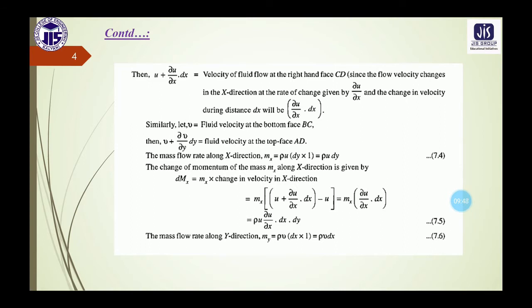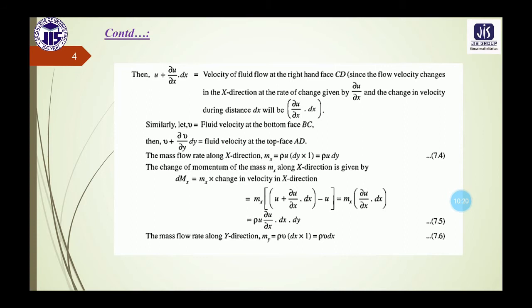The change in velocity in x direction will be the difference of the velocity in the face CD minus the velocity in the face AB for the considered volume. So if we put this value here, ultimately we get dMx equal to small mx multiplied by del u del x into dx.